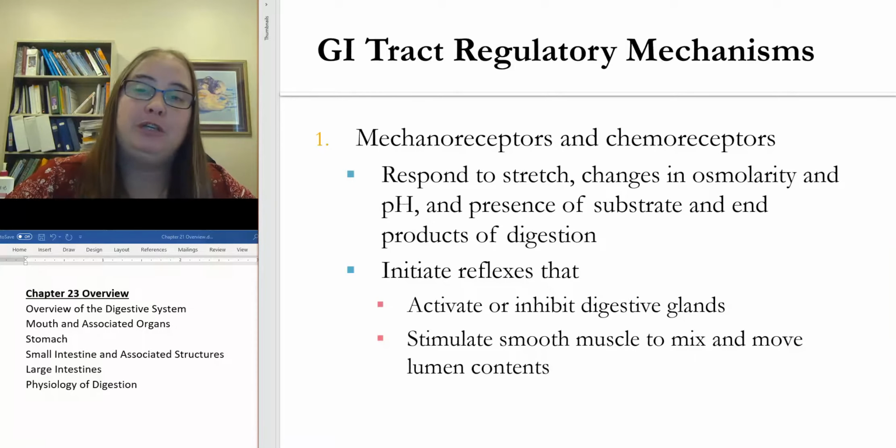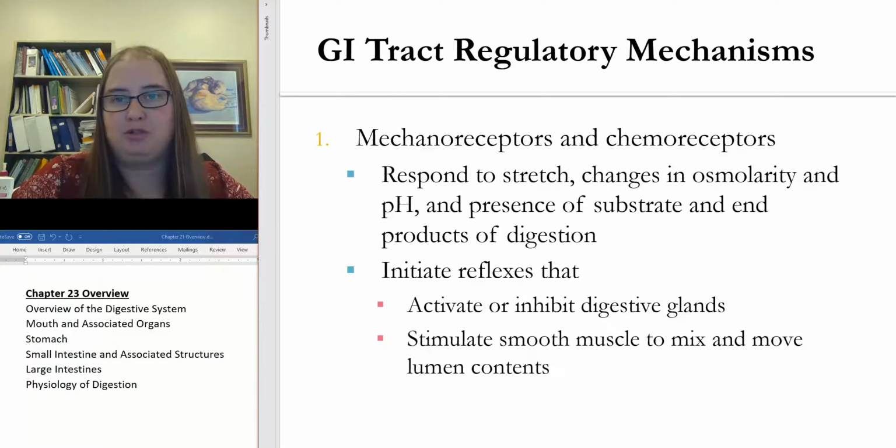When we look at the overall gastrointestinal tract and its regulatory mechanisms, it does this via two major mechanisms. One is via mechanoreceptors and chemoreceptors. For example, you are chewing a burger, a veggie burger or a cheeseburger, and when you swallow that bite, what's called a bolus, it enters your stomach.